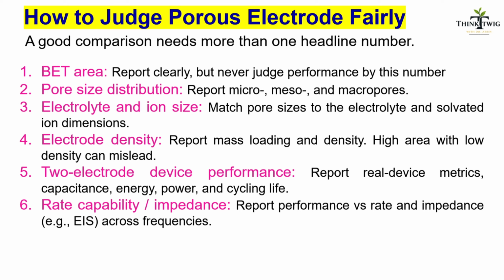After that, check the rate capability. Does the electrode retain its performance when current increases, or does the capacitance fall quickly? That tells us about ion transport. And finally, check the EIS. EIS means electrochemical impedance spectroscopy. In simple terms, it helps us to understand resistance and ion transport behavior over different frequencies.